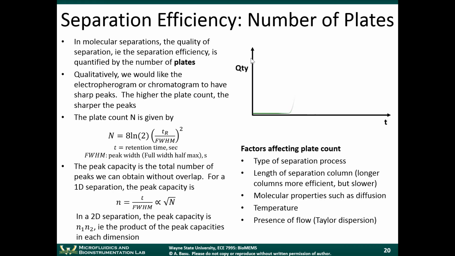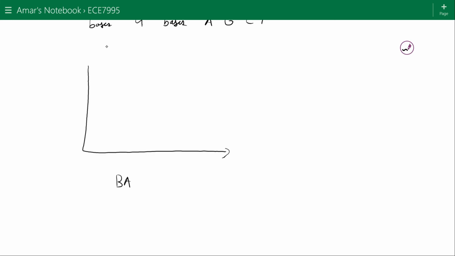So let's talk a little bit about separation efficiency. An electropherogram looks something like this, right? You have these peaks that come out at the end of the column, and if we want to quantify separation efficiency, just as a qualitative thing, let me say that this would be an example of a bad separation.